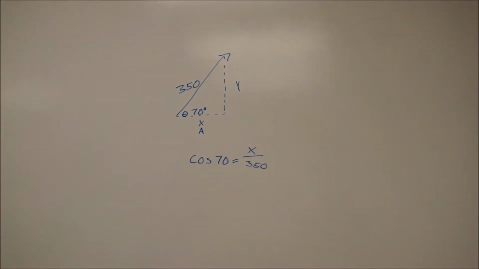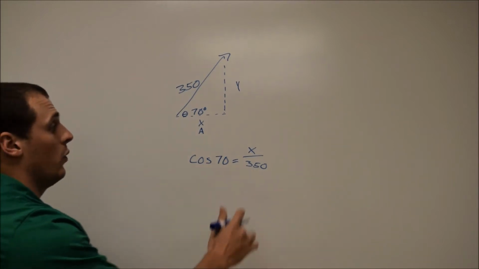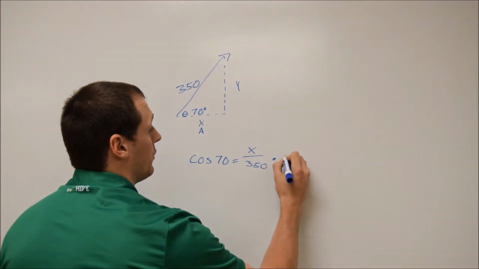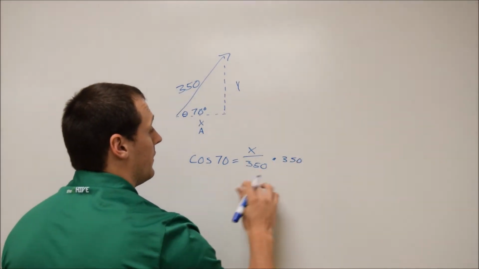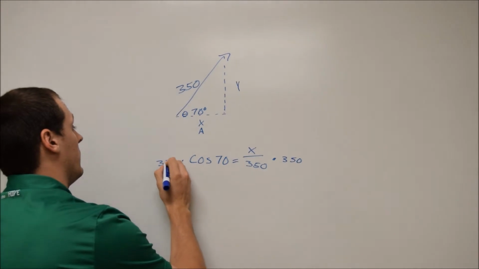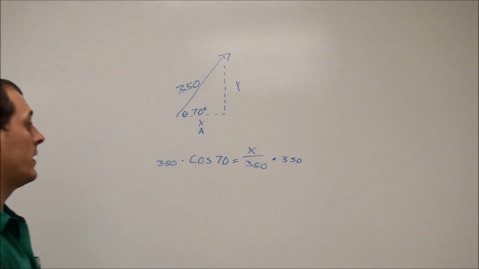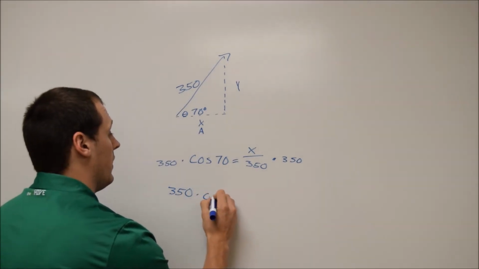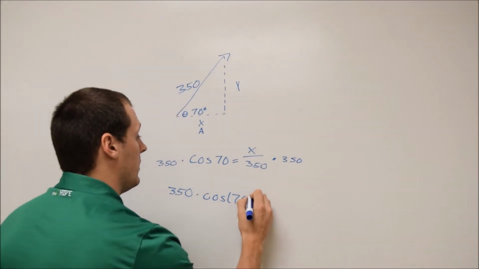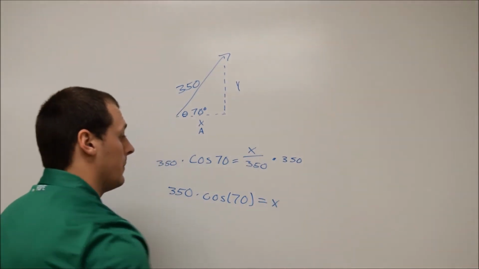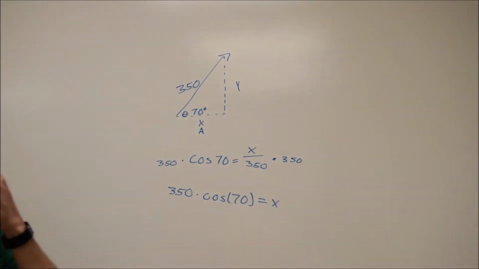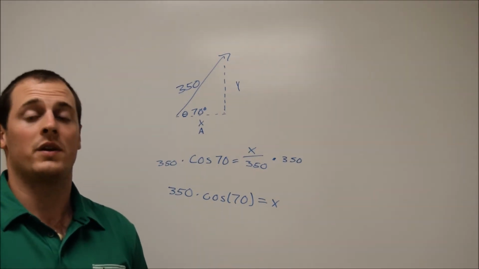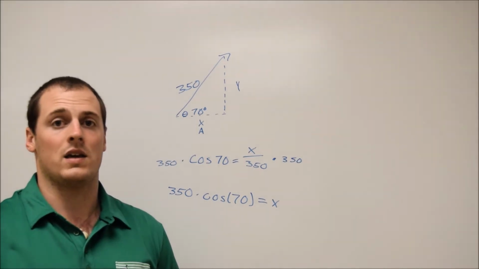So now we're going to go to some algebra for this. So what we need to do is be able to isolate the x. So the way that we're going to do that is multiply each side by 350, which is the denominator. So what we end up with is 350 times the cosine of 70 is equal to x. And also I should go ahead and mention that you guys want to make sure that your calculators are set to degrees for this, because if it's in radians, you'll get a weird answer.